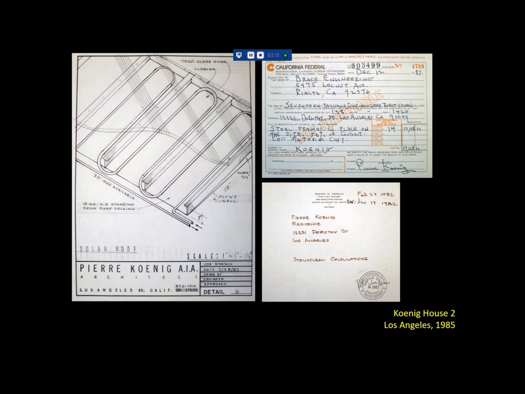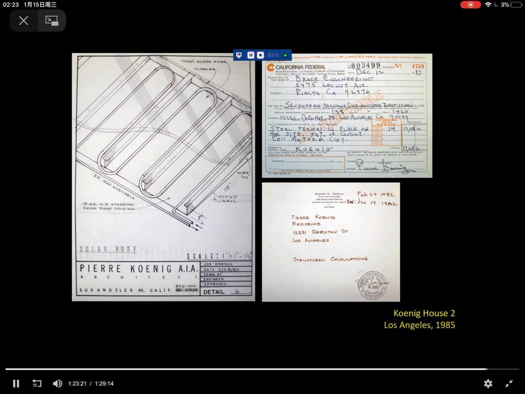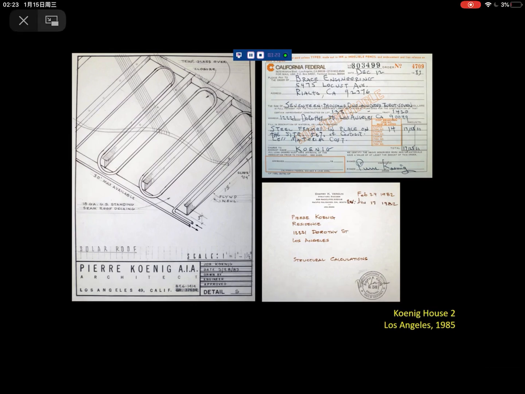And there's hundreds of documents. This is a receipt. I think it's the receipt from Brace Engineering for $17,127 for the steel frame in place, on site, 50% of the contract, less the material cost. So this tells you how much it cost.